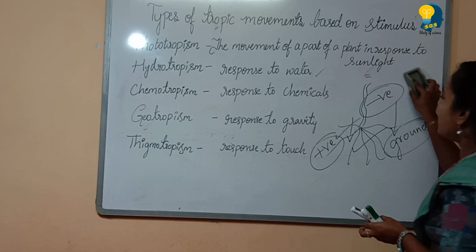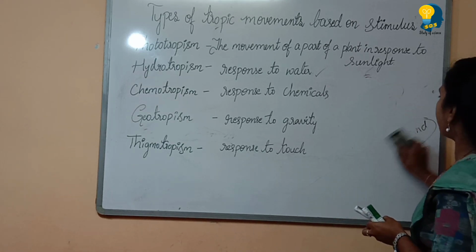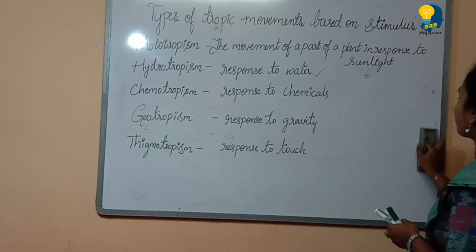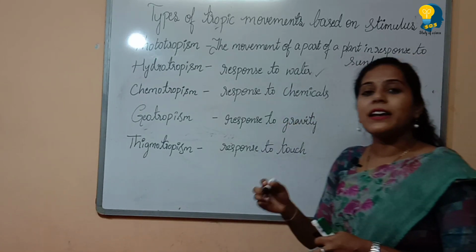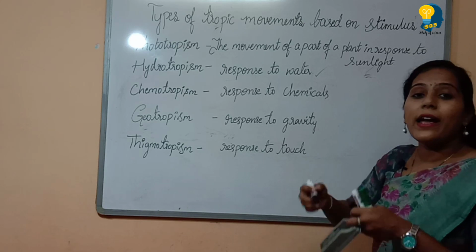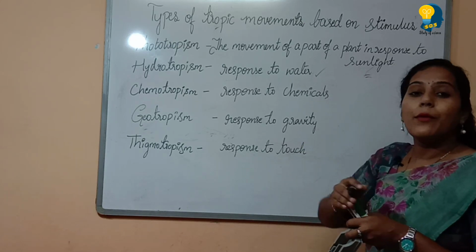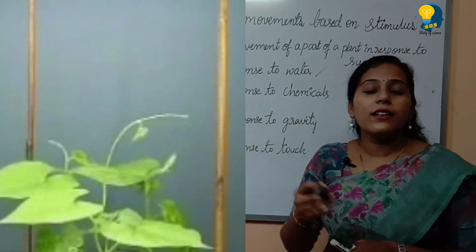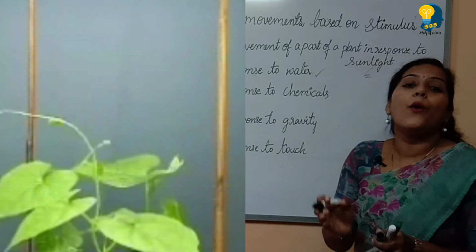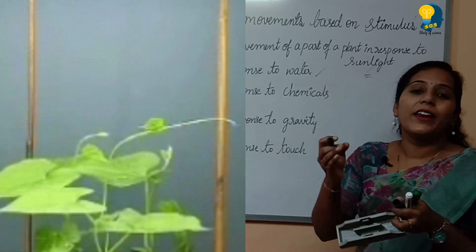So now let me move towards the last type of tropic movement, that is thigmotropism. When I say thigmo, I told you that the plant grows when it comes in contact with or gets support. I told you examples like grapevine or the money plant. These are all plants that need support for their development, support for their growth.